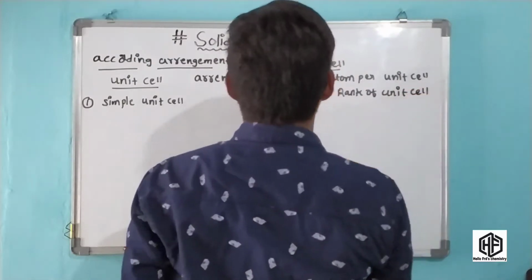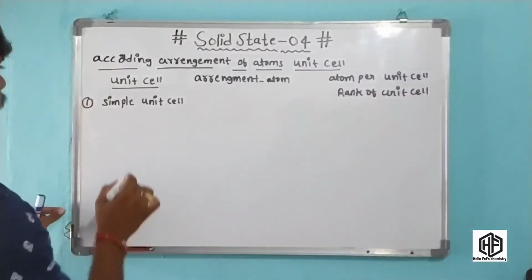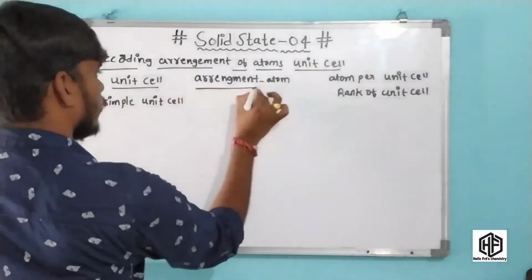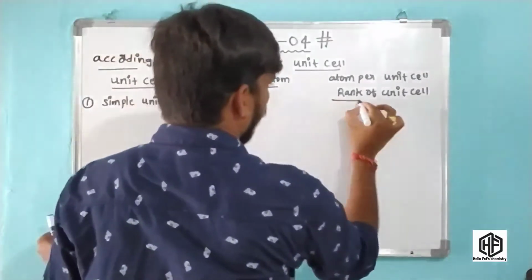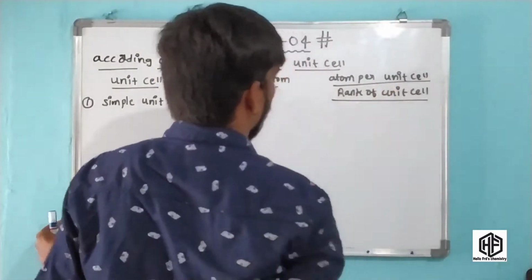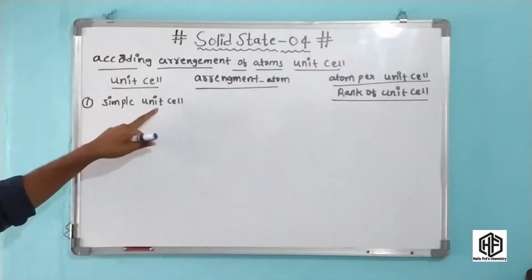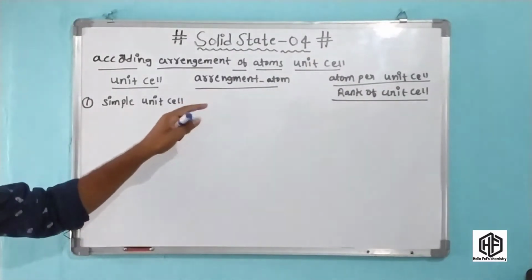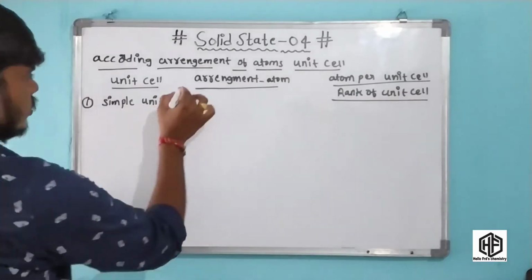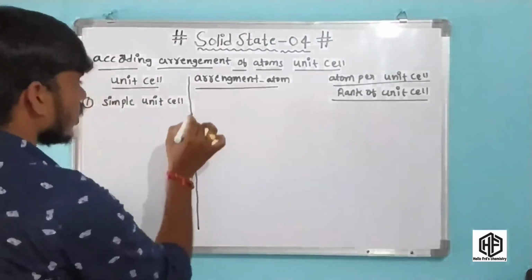Okay friends, this is very important. The rank of unit cell is the atoms per unit cell. Okay friends, in the simple unit cell the atoms are arranged at corners.